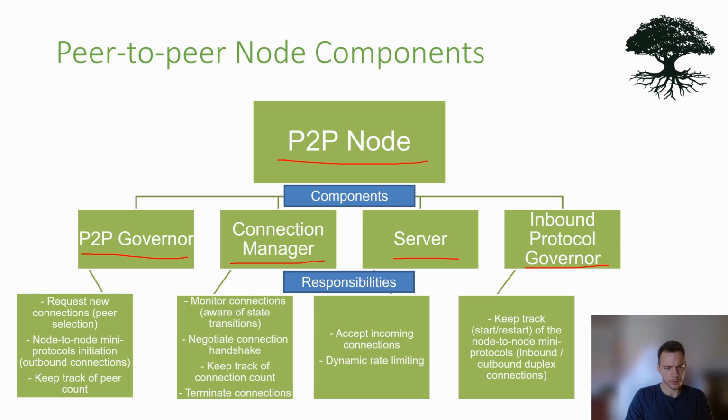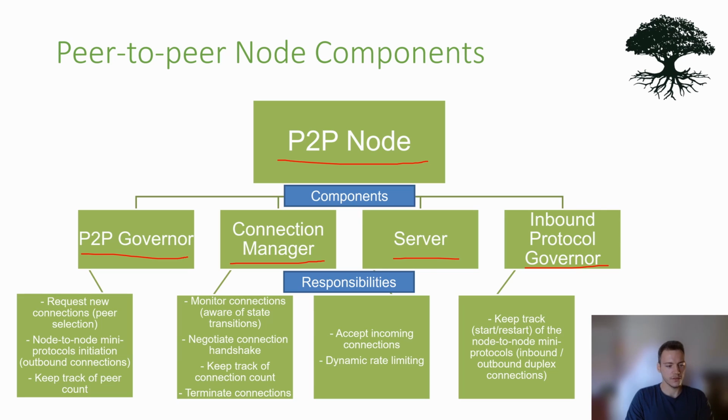Starting with the peer-to-peer governor, its main responsibilities are requesting new connections, in other words, peer selection, so selecting the best peers to connect to. Node-to-node mini protocols initiation on outbound connections. So this means that after a connection has been established, the peer-to-peer governor is the one responsible for actually starting the node mini protocols, such as transaction submission or syncing the blockchain from the other node.